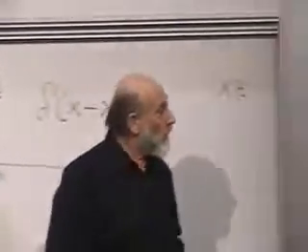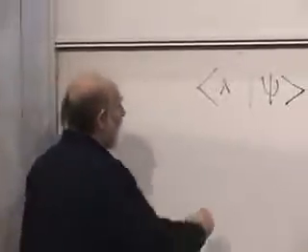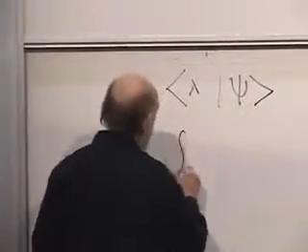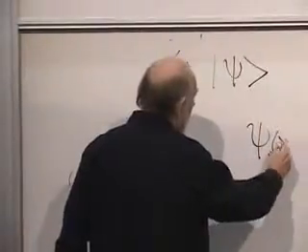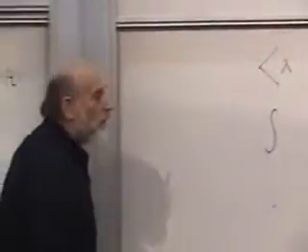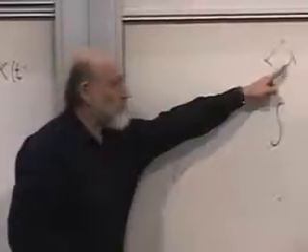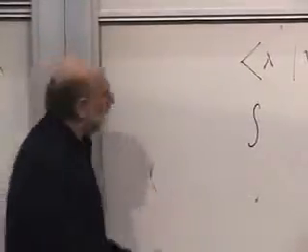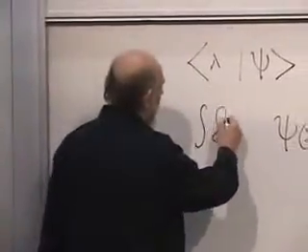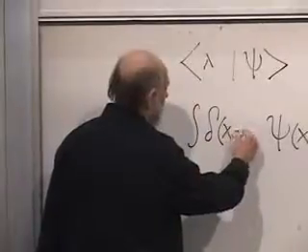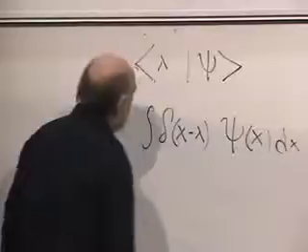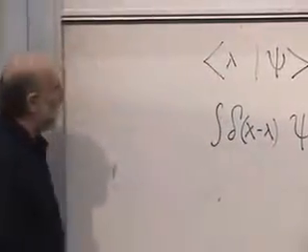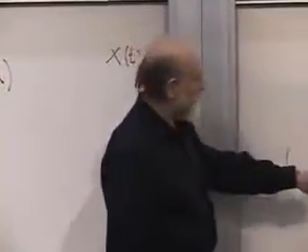All right. What is this inner product? This is the inner product gotten by taking psi of x and integrating it with the wave function corresponding to lambda. But what is the wave function corresponding to lambda? It's delta of x minus lambda dx. This is the inner product of psi with the eigenvector lambda.